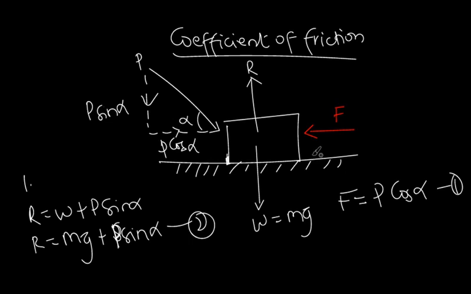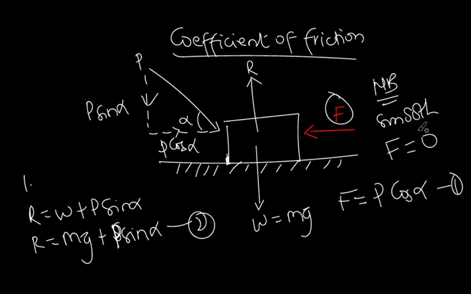So these cases are really important when we are looking at bodies on a rough horizontal surface. Now mind you, whenever we have a smooth surface, our frictional force, which is F over here, is always equal to 0.